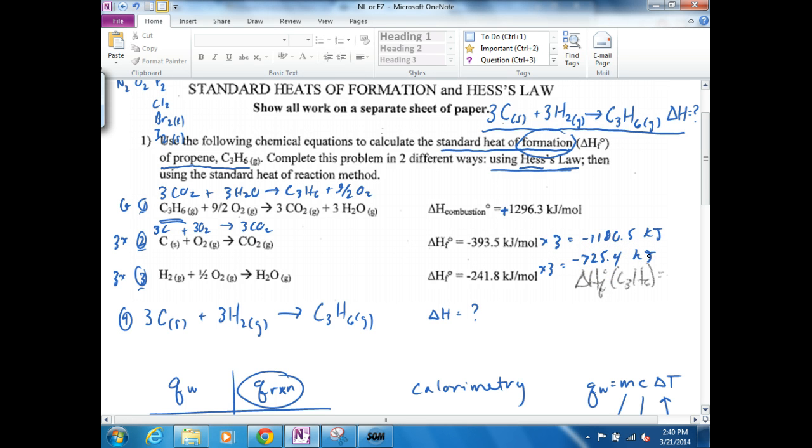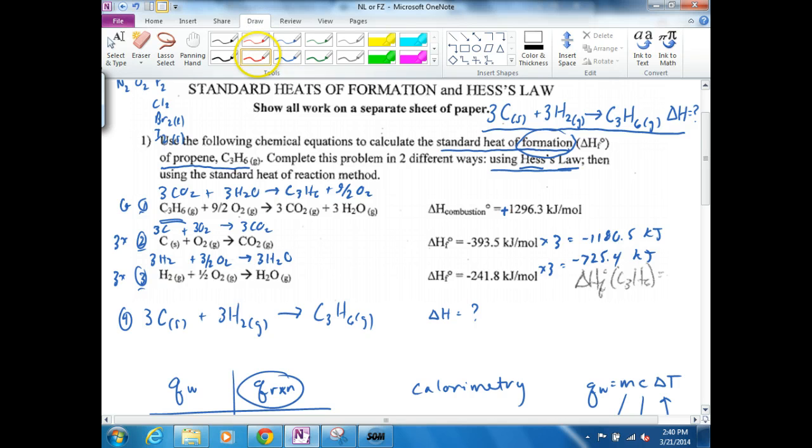All right, now would that work? So let's write this 3H2 plus, now what's 3 times 1 half? That's 3 halves O2 yields 3 H2O. All right, now I can see that when I add these all together, I'm going to be able to cancel the 3 H2O.